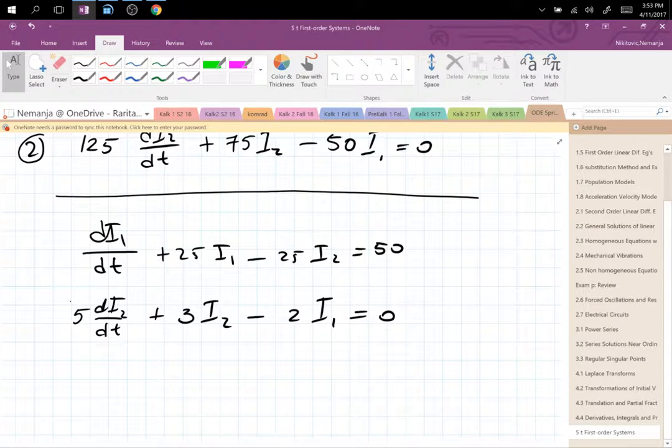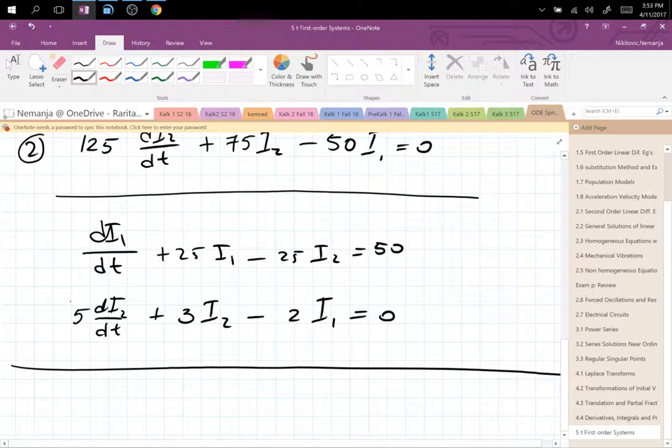You have two unknowns, I1 and I2. So solving this will be next section.